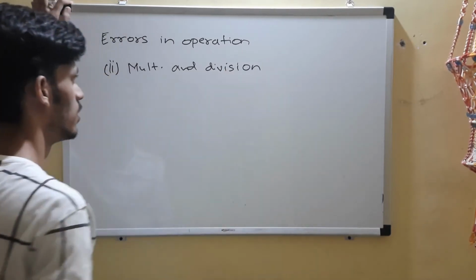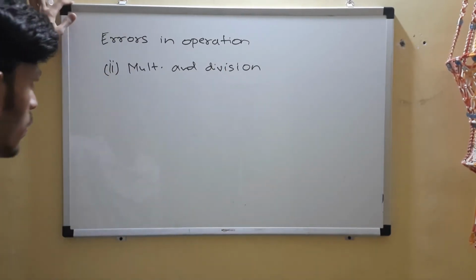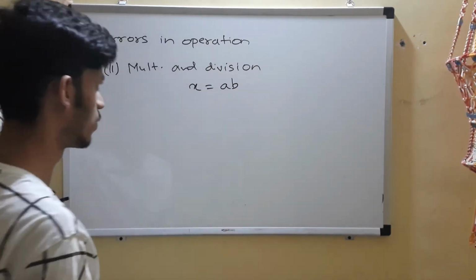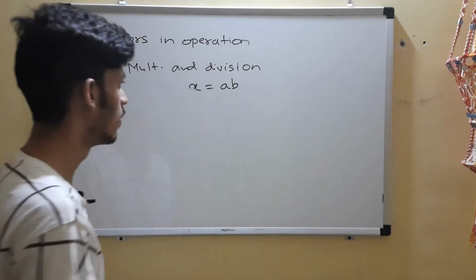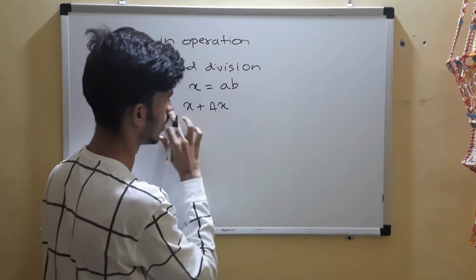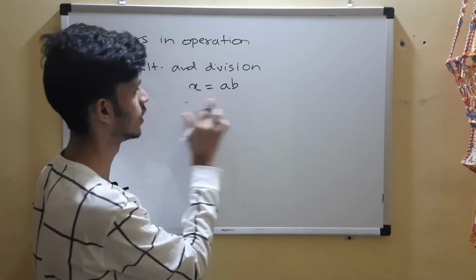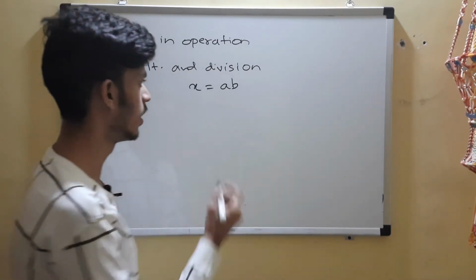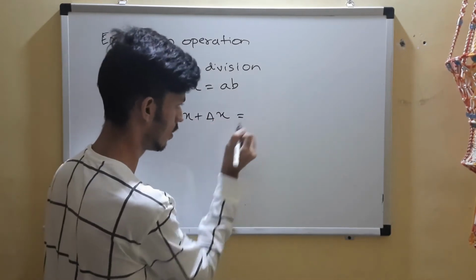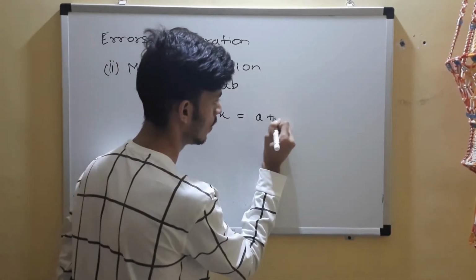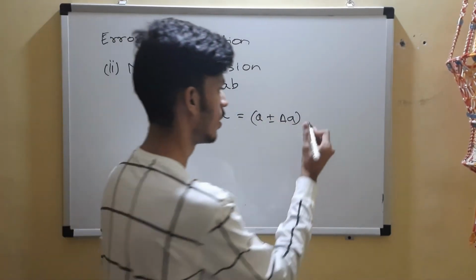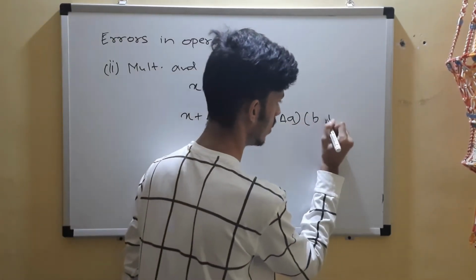They also have the same rules, but we have to prove it differently for multiplication and division. So let's take x is equal to ab without errors. When you account for errors, it becomes, okay, I won't tell you the answer first. Let's try doing it through errors now. So x plus delta x, so there is some error which we want to find out. So a plus minus delta a, error in a, and let's account for the error in b as well.